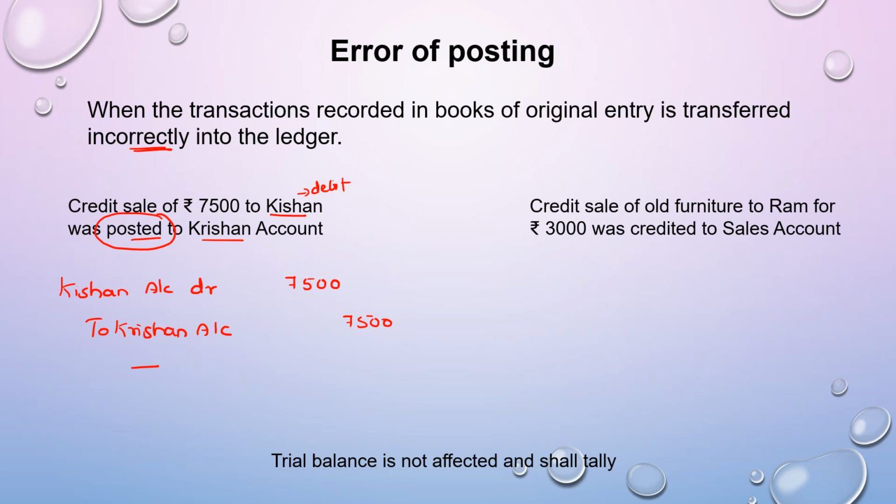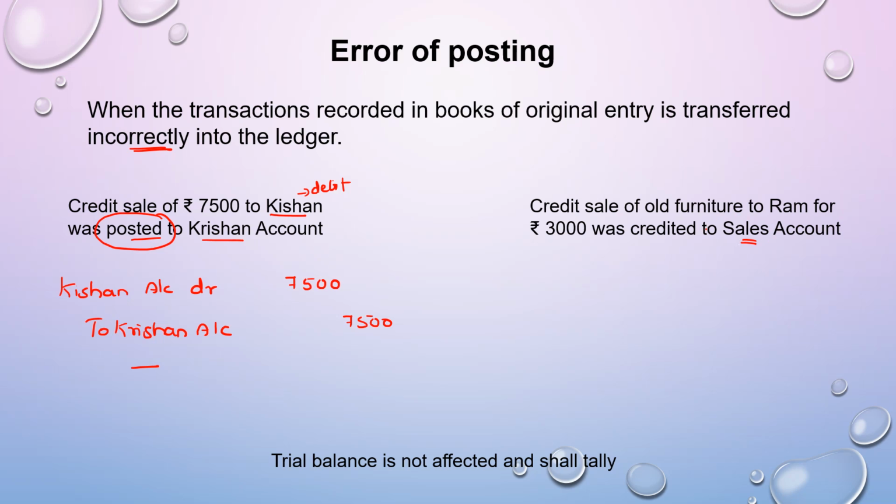So if we see the journal entry, we will pass the journal entry through journal proper for this credit sale as Ram account debit to furniture account 3,000. But what has happened? They have put it into the sales account. So that's a mistake. You have credited sales account, but you should have credited which account? Furniture account.